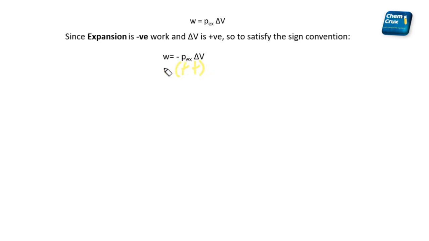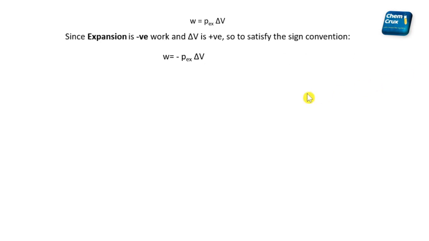And we have a negative sign in the expression. So in total, we are getting a negative sign for work done. So yes, the sign convention for expansion work is coming out to be negative, and this equation is thus satisfying the sign convention.